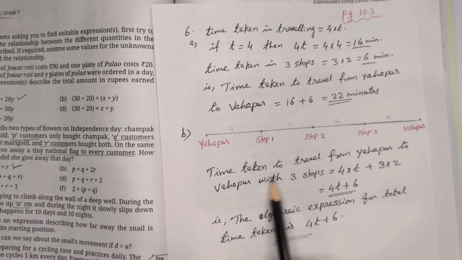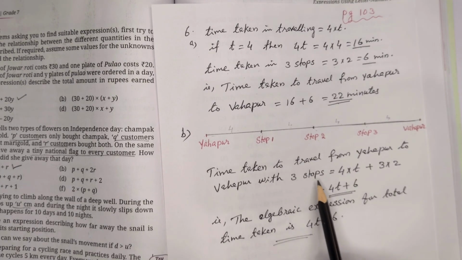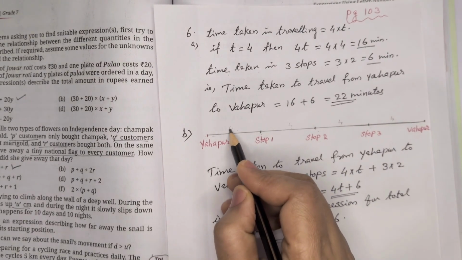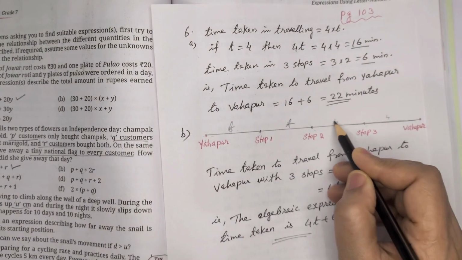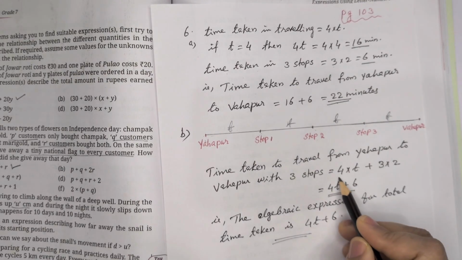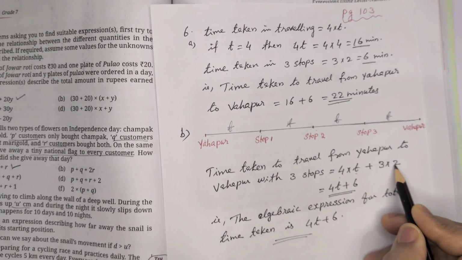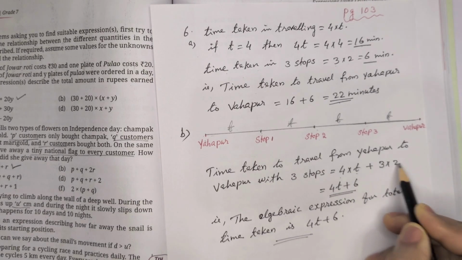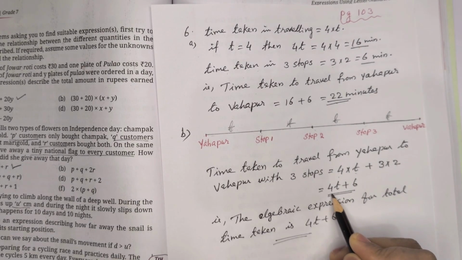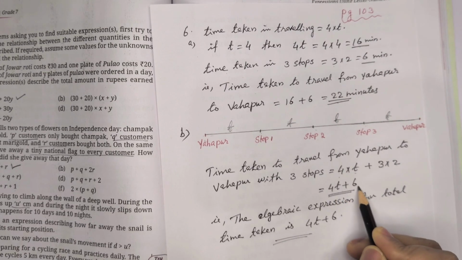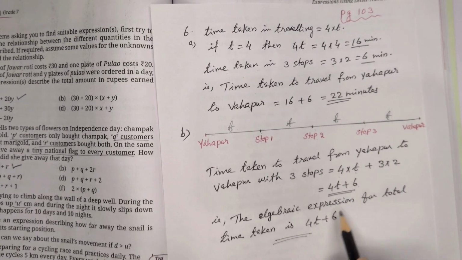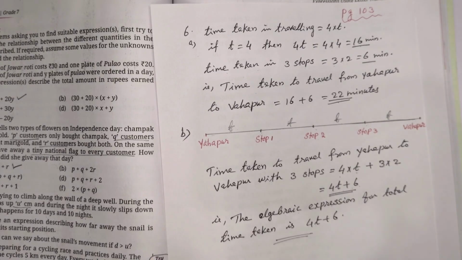So in general, we can write that as, if T is the time taken to travel between stops, it will come 4 into T. In place of 4, if the time is T, then we can write that as 4 into T, plus in each stop 2 minutes, 3 stops, 3 into 2. So in general, we can write the expression as 4t plus 6. The algebraic expression for the total time taken is 4t plus 6.